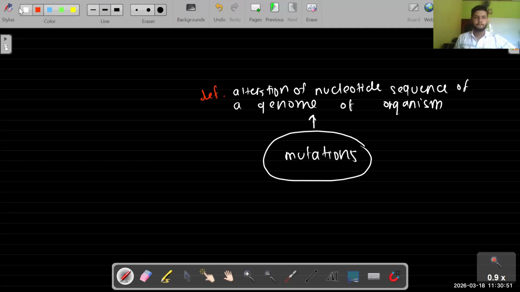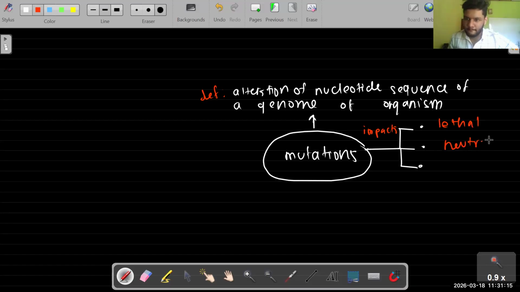Clear? They're saying mutations normally have three types of impacts. Can you remember? First one is lethal, second one neutral, third one beneficial.